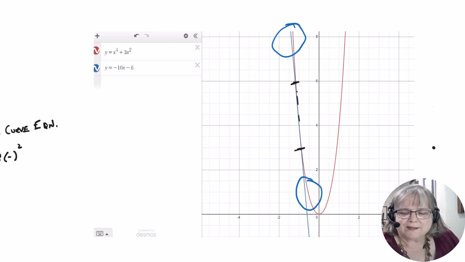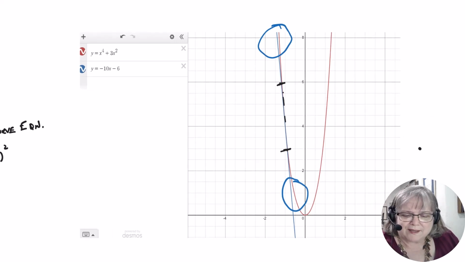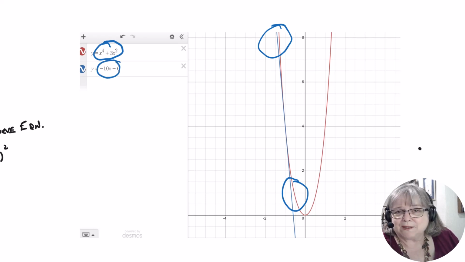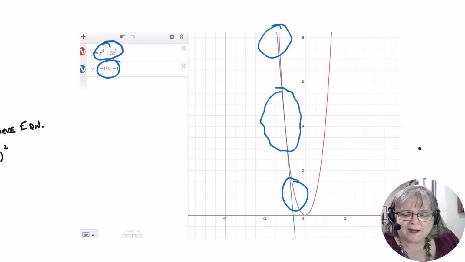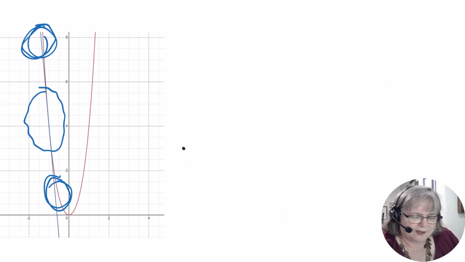How safe are you to say, all right, rather than run a number through x to the fourth plus 3x squared, I could run it through minus 10x minus 6, which is simpler math, right? Maybe I'd be safe if it's one of these numbers. I don't know that it would be safe for one of these upper and lower numbers where it starts to diverge. So we're going to start talking about that.